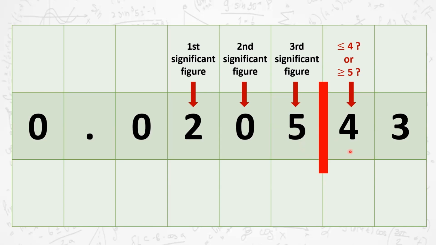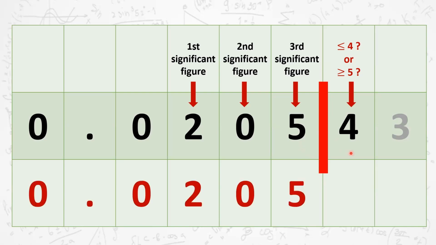I'm only interested in the digit straight after, so ignore the 3 at the end. Because it's a 4, I need to round it down. Therefore, if the question was to write this number correct to 3 significant figures, my answer will be 0.0205. So that will be all for this topic.